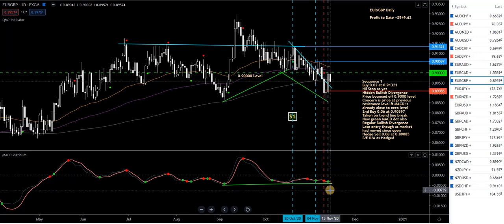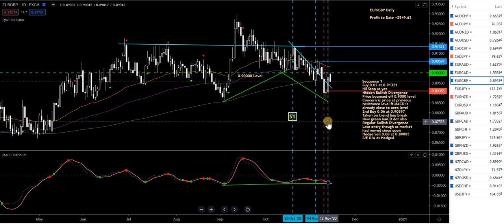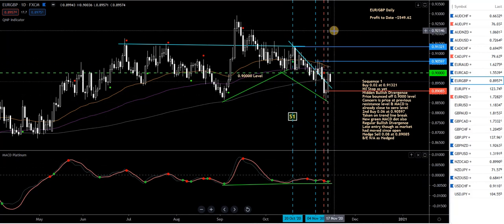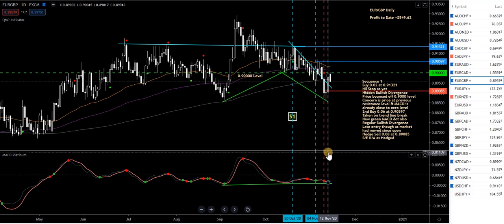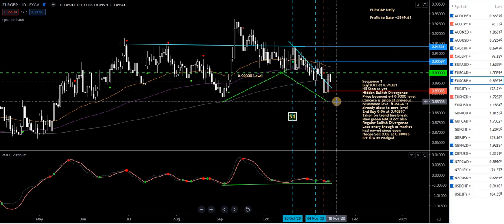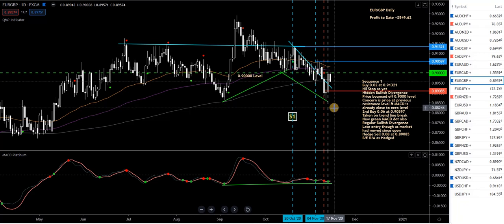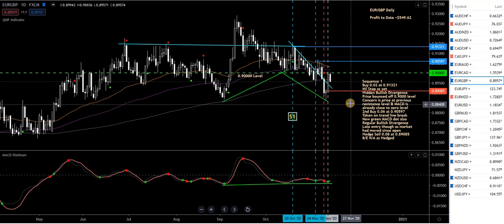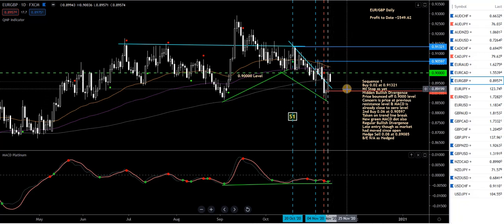Now we've got another green dot on the MACD platinum below the zero level, hence the grey warning line saying we're looking for buys. And it went up nicely, broke through the trend line again, but on Friday we had the bearish candle. The pound pairs are a little bit tricky to trade at the moment due to the Brexit talks being back on the board.